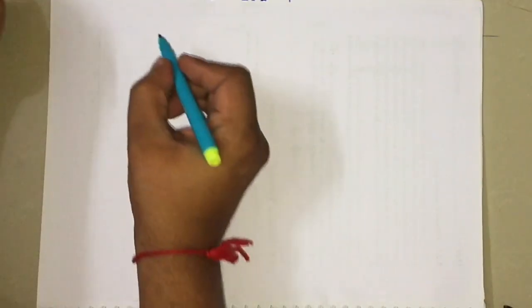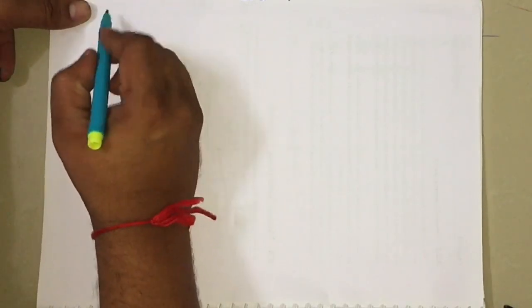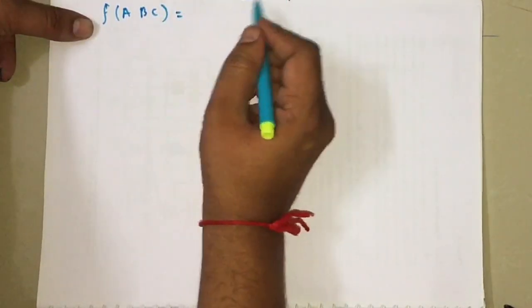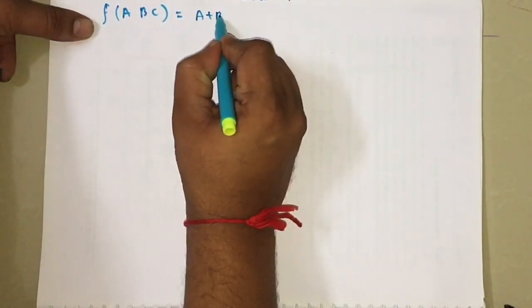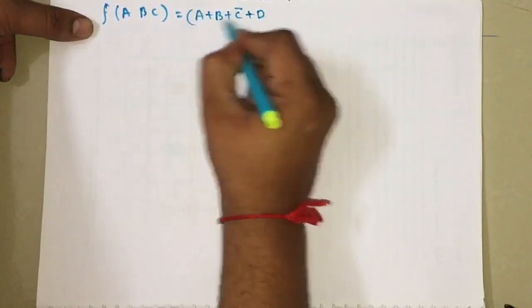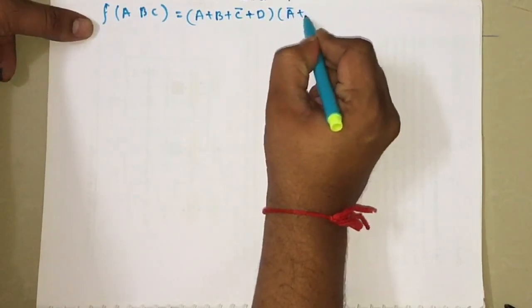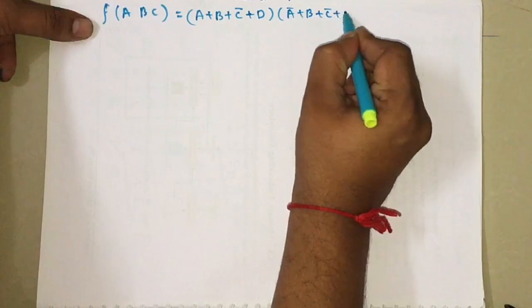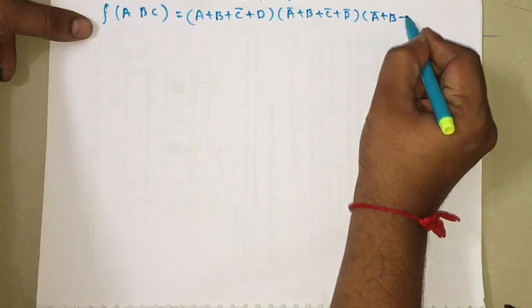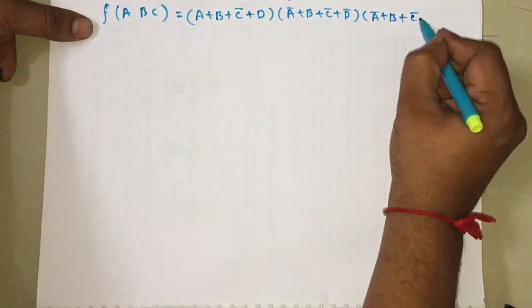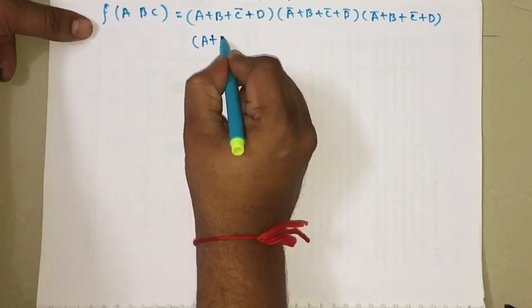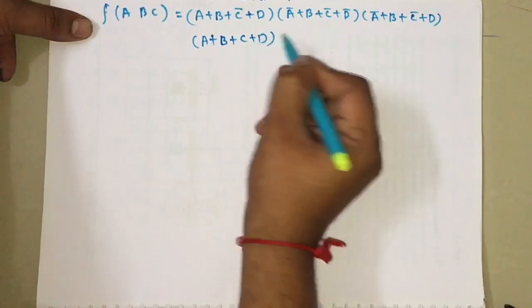Okay, now we will take one example, that is a function of A B C, equal to (A plus B plus C bar plus D) into (A bar plus B plus C bar plus D bar) into (A bar plus B plus C bar plus D) into (A plus B plus C plus D).